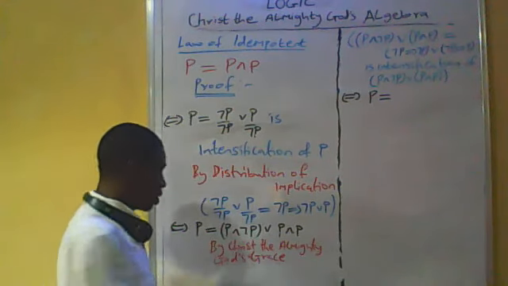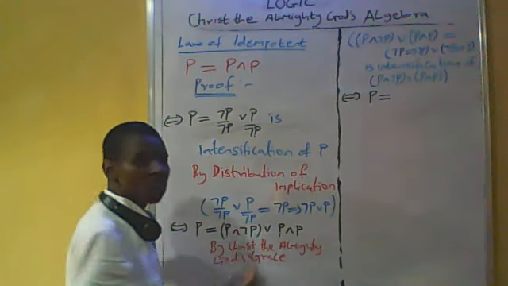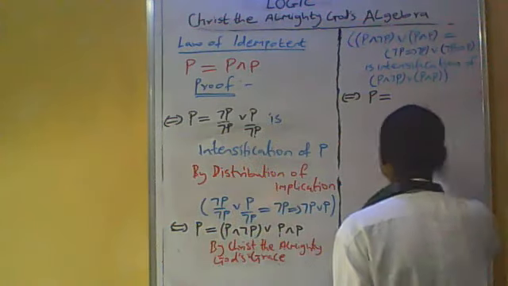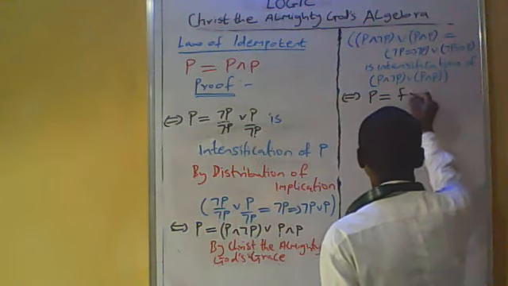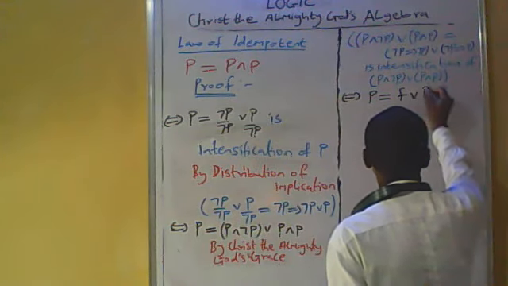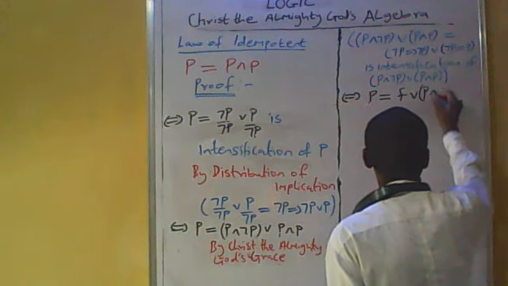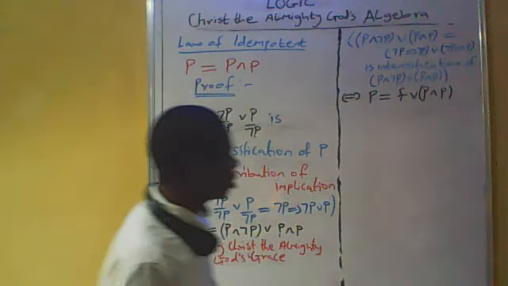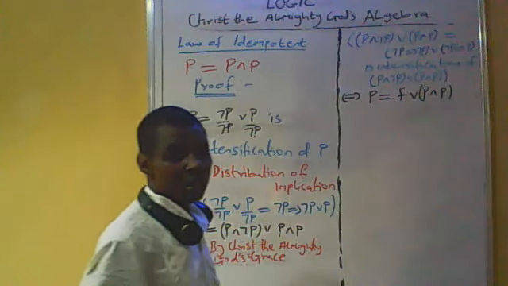So by the law of complement, P and not P is equal to F. That means we have P equal to F or (P and P), and it's still law because the two sides are logically equivalent.